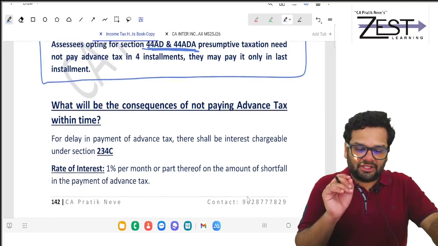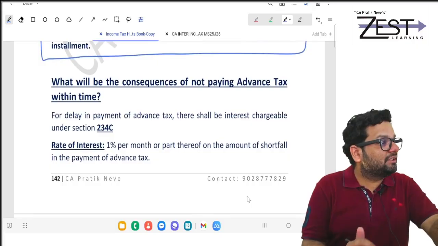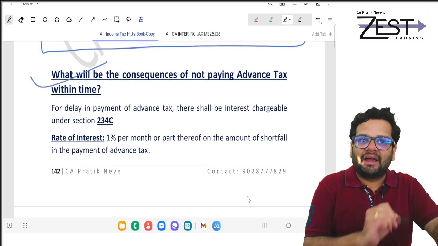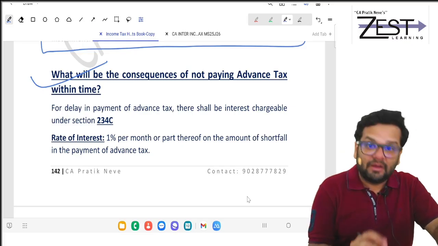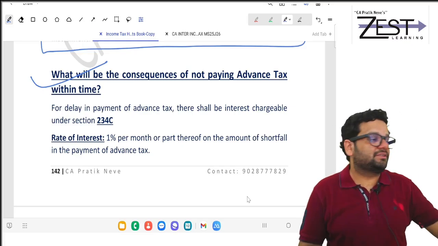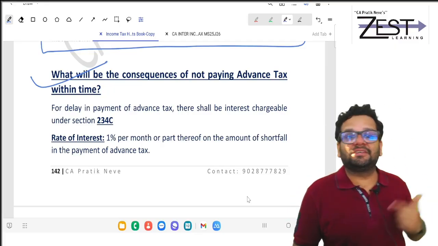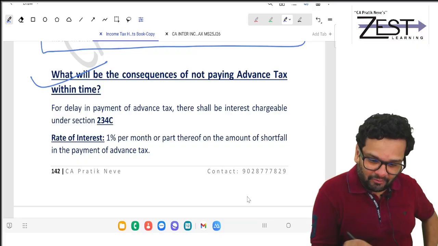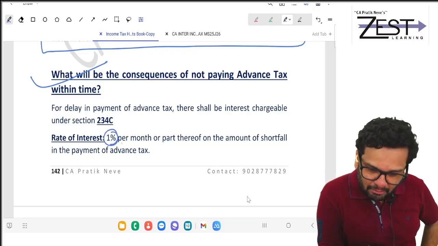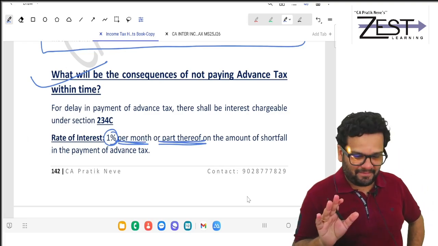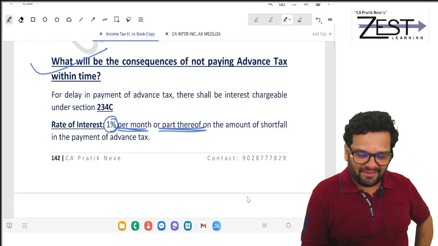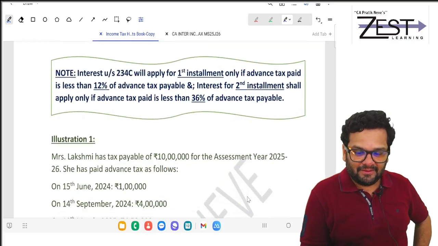Now, consequences of not paying advance tax within time. As I discussed, the rate of interest is 1% per month or part thereof. Okay, let's see now.